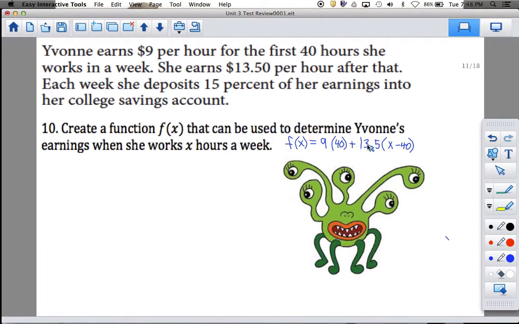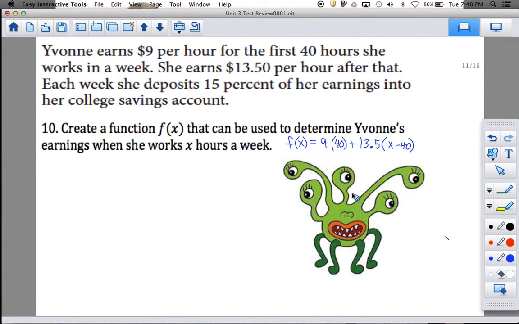And then it's overtime, so 13.50 times (x minus 40), where x is the number of hours she works. The reason you have to subtract the 40 is because she's only getting paid $13.50 on the amount of time over 40 hours that she's working. So that's how you're going to initially set up the equation.